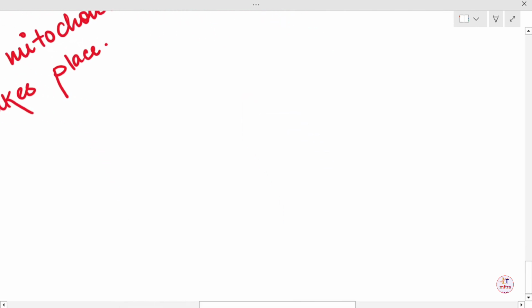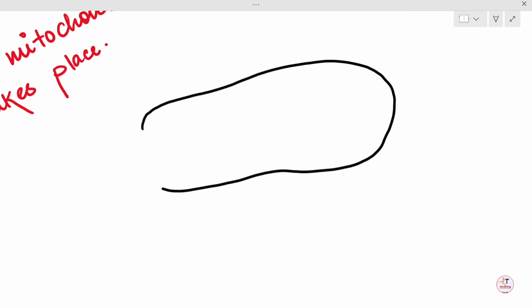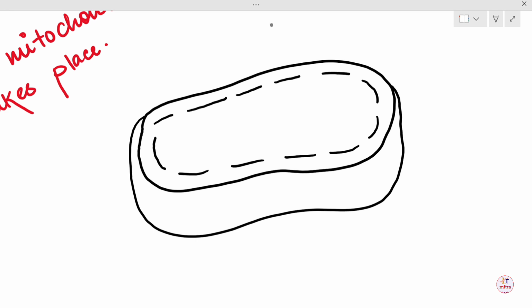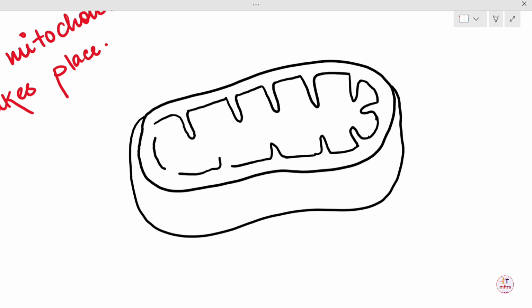Lastly, if we see the structure of the mitochondria, it has an outer membrane and an inner membrane, and the inner membrane has certain projections which are known as cristae.